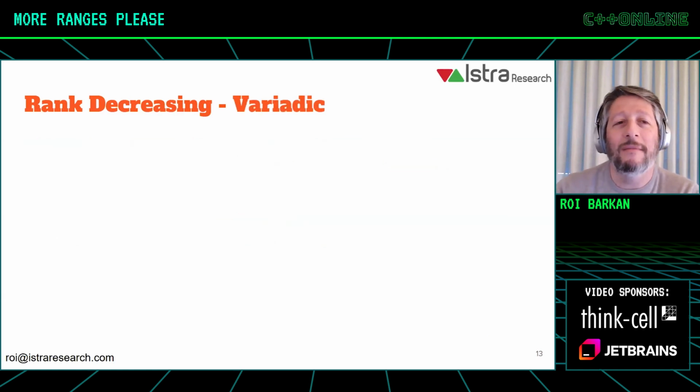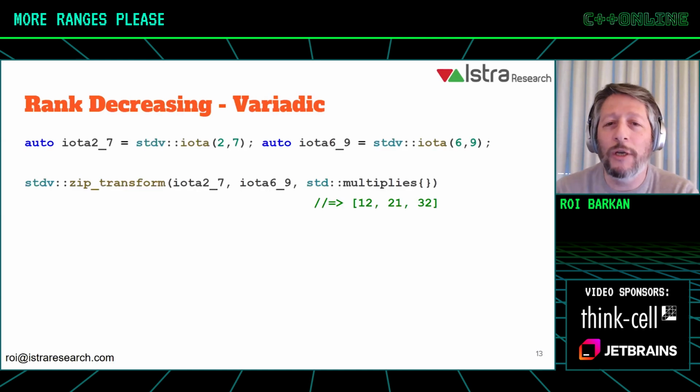Similarly, we have some range decreasing ones that work on a variadic notion. That's zip transform, for example. So again, you can take a variadic pack of ranges as input, and one lambda, and it will transform each and every consecutive matching pair or triplet of items into a single element, and that way reduce the rank from a variadic number of ranges, all of the same length, into one single range, just using this transformation operation.